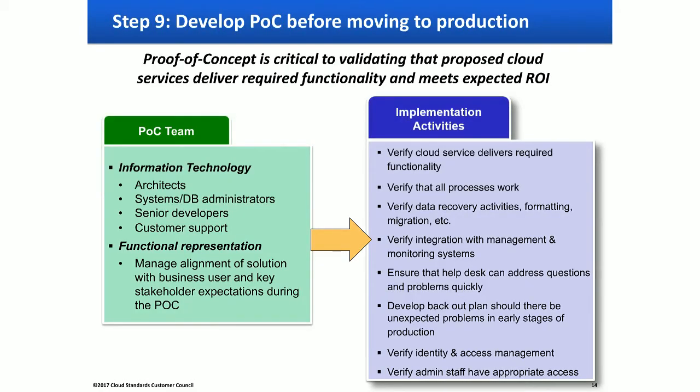In step 9, we come to developing that proof of concept. You could call it a proof of technology. Obviously your team needs to include both the technology folks and, once again, the functional representation. Those operational personnel, business personnel, could be customer service.